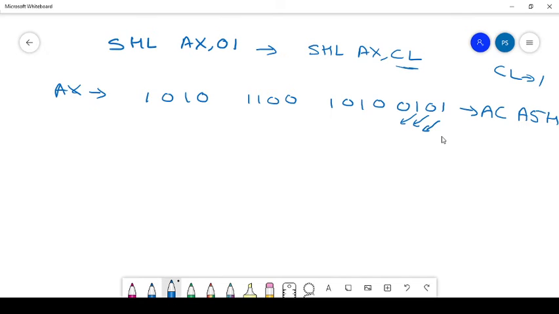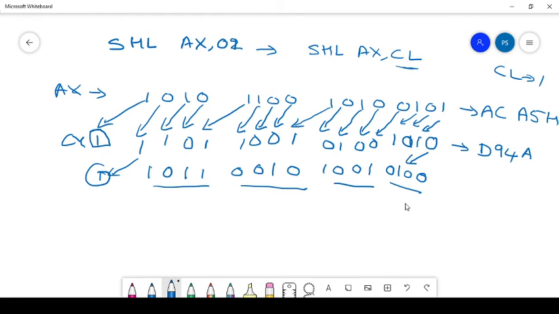This 0 will be moved to here, and this one will be moved to the carry flag, and we have to insert a new 0. So that is 1 0 1 1 0 0 1 0 1 0 0 1 0 1 0 0. This is the shift left operation.